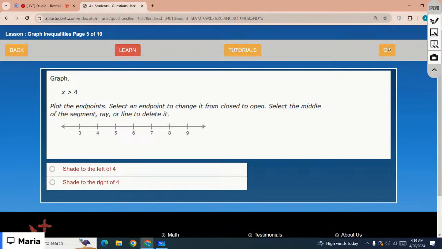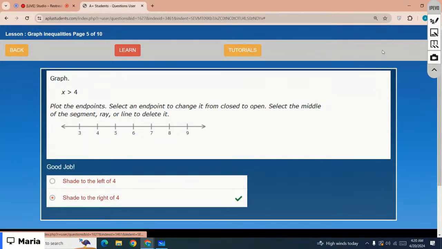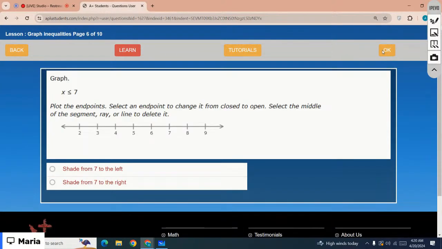x is greater than 4, which is the correct option. Guess again, that is shade to the right of 4, right? x is less than or equal to 7, which is the correct option.